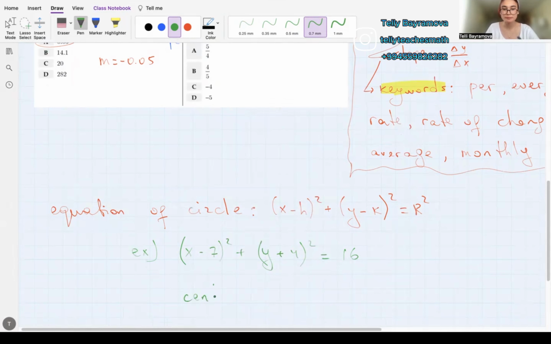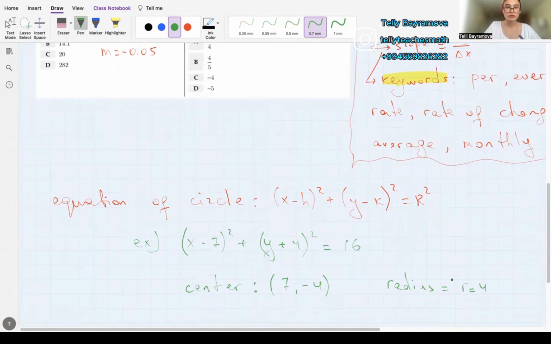So the center will be h is 7 and k is negative 4, because this is plus. In the real function, it is minus. And r squared is 16, that's why r will be 4.